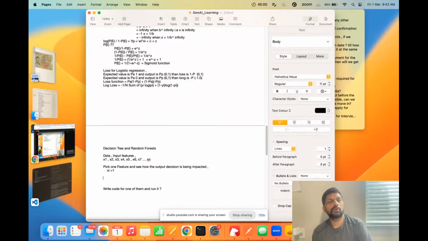Then you calculate the entropy for all the points. If the probability is wrong, the entropy loss is high. What happens if you have all the points? Imagine you draw a line and all the points are on one side of it, right? So what happens then? All the points are available.